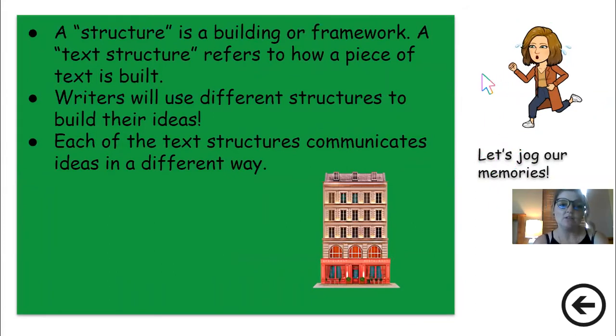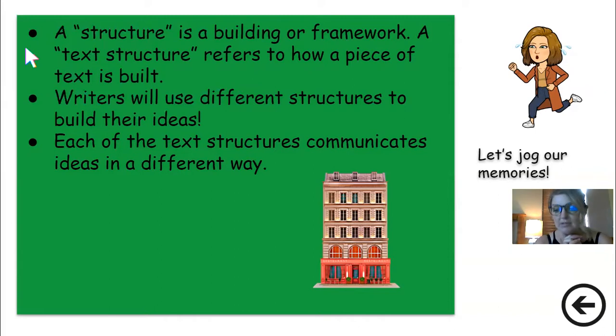So let's go over the idea of structure, okay? So a structure is a building or framework, and a text structure refers to how a piece of text is built, okay? How it's built, how it's put together. Writers will use different structures to build their ideas. Each of the text structures communicates the ideas in a different way.